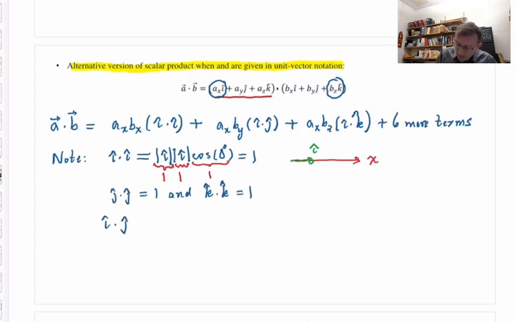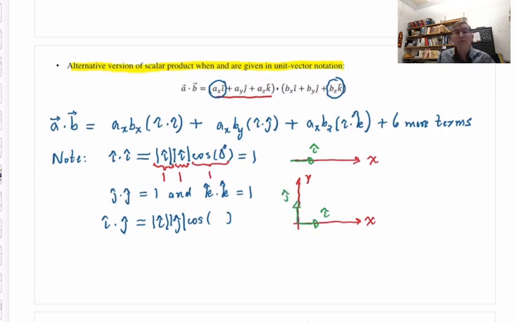Well, let's work out the scalar product. That's the magnitude of the first vector, magnitude i hat, times the magnitude of the second vector, magnitude j hat, times the cosine of the angle between them when they're drawn with a common tail. Now let me draw an x-axis going to the right and a y-axis going up, because i hat points in the plus x direction, but j hat points in the plus y direction, right? j hat's the unit vector for the y direction.